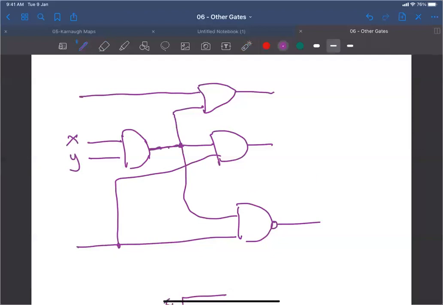We have a fan out here, fan out branches. Fan out branches means that the current is going to be split among these branches, and maybe the current is not enough to drive this gate, or this gate, or this gate.